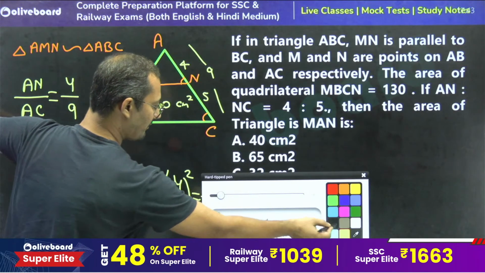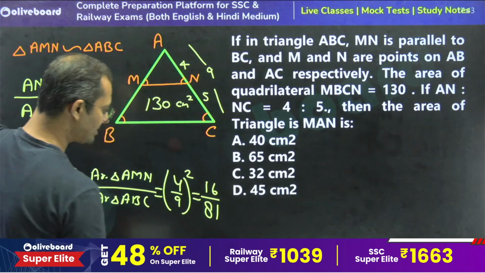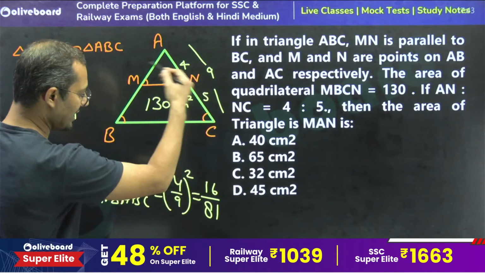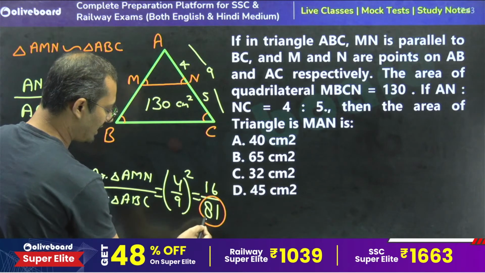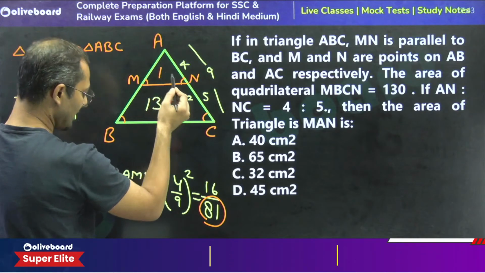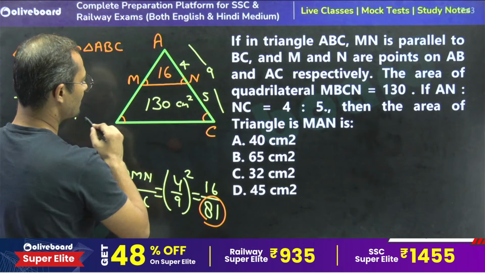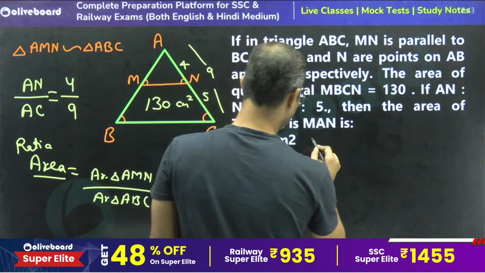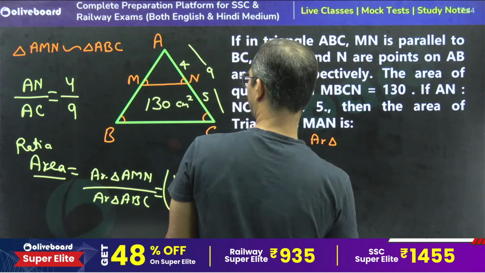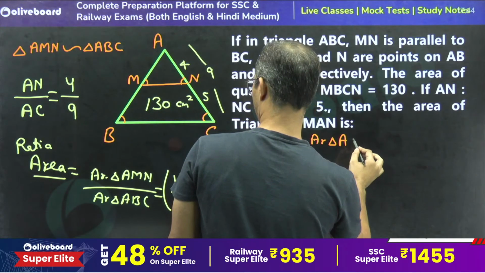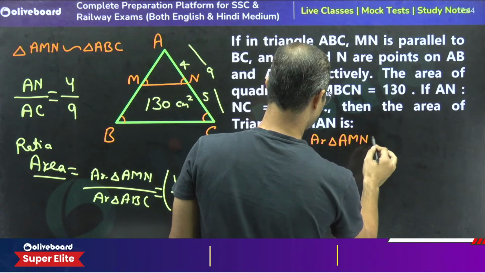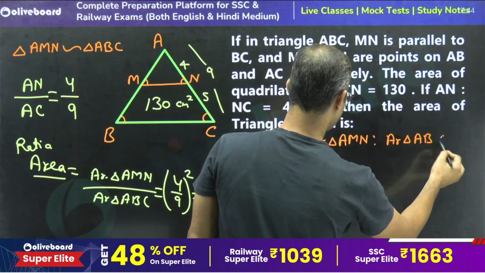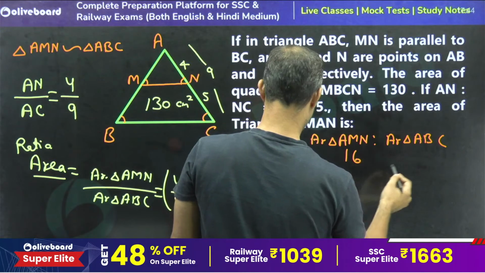So we can say that the complete area is 81, and this area is 16. Area of triangle AMN is to area of triangle ABC as 16 is to 81.